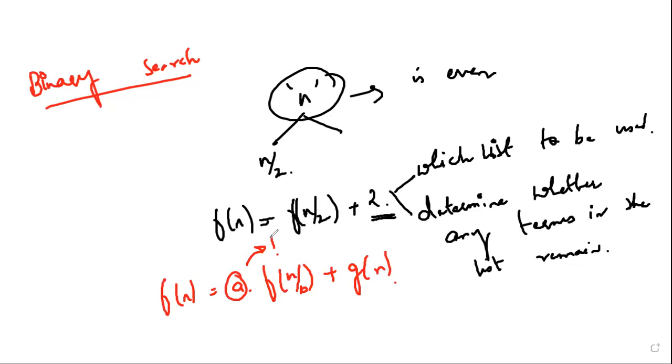The size we take is only half of the array, so n by b is equal to n by 2. The extra operations are 2. First is which list to be used, and the second is to determine whether any terms in the list remain. Now let's see the original slide.